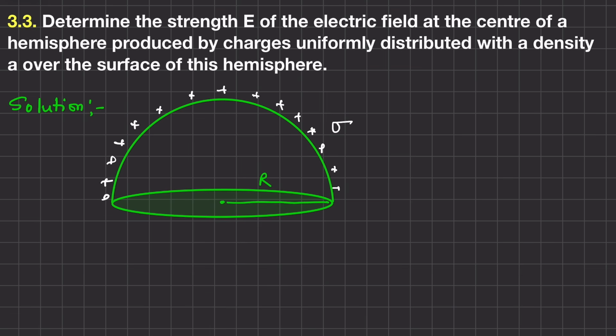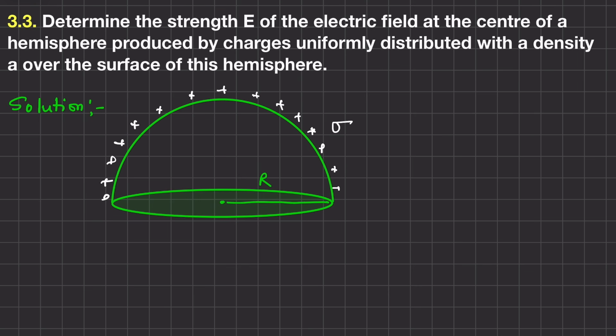So to solve this problem, the simple idea is to take a ring element and, due to that ring element, calculate the field at the center of the shell. And if you can get some symmetry, the question might get easier after that.